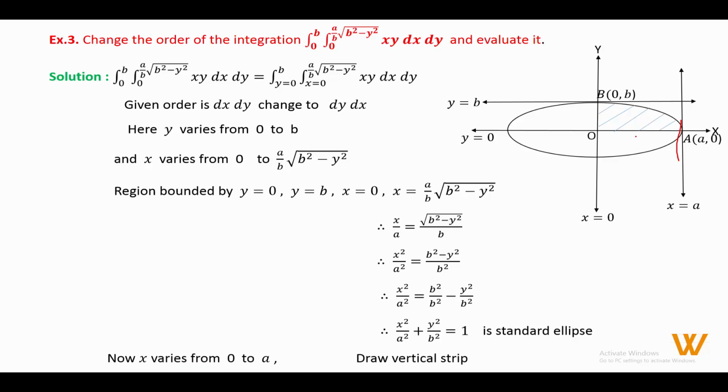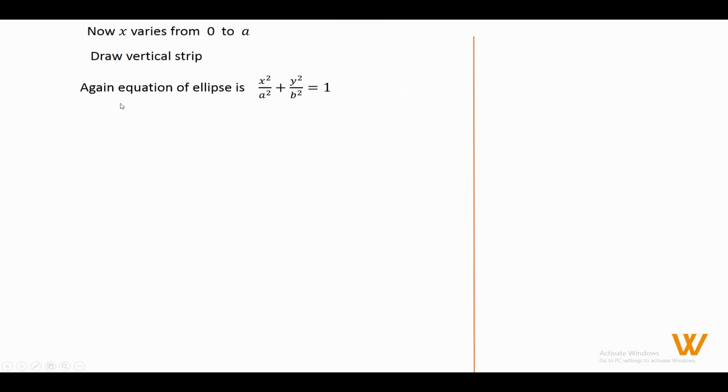Now find the values of y in this region. For that draw a vertical strip in this way. Now find the value of y here and the value of y here. We know here the value of y is 0, and by using the equation of the ellipse find the value of y. The equation of the ellipse is x square upon a square plus y square upon b square equal to 1.